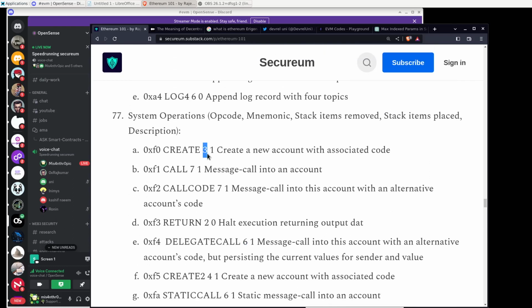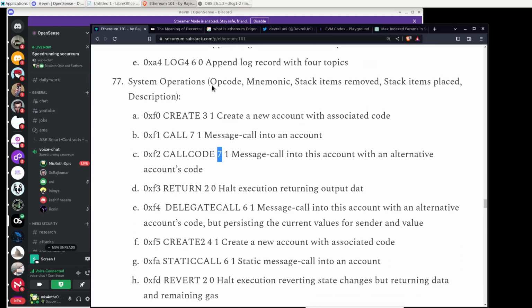Look, CREATE, three, like calls. First is the opcode, then the mnemonic, then the stack items removed, then the stack items placed. Thank you, Raj. Opcode, mnemonic, stack items removed.